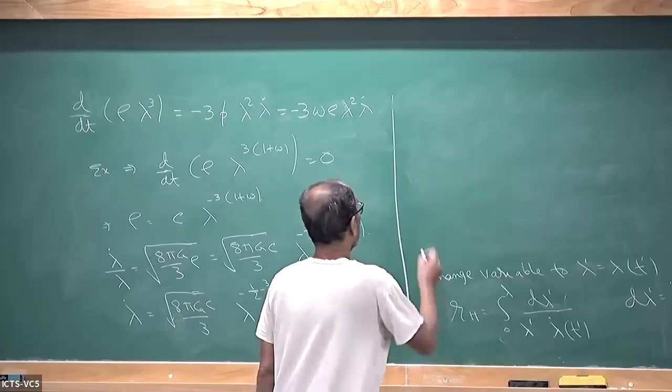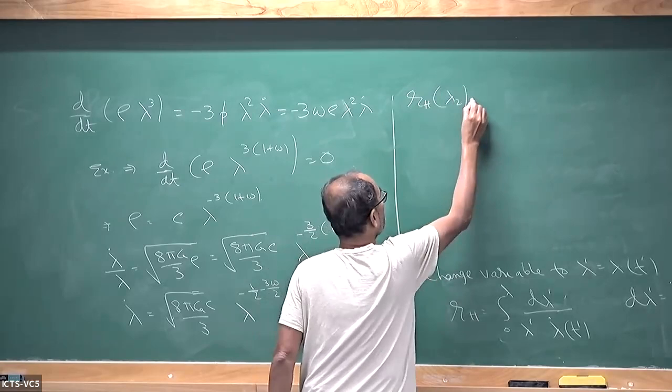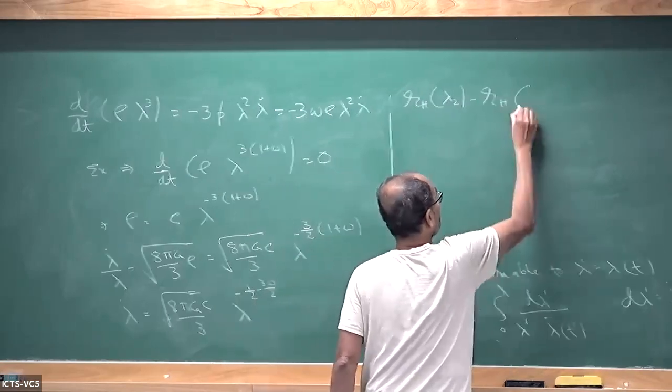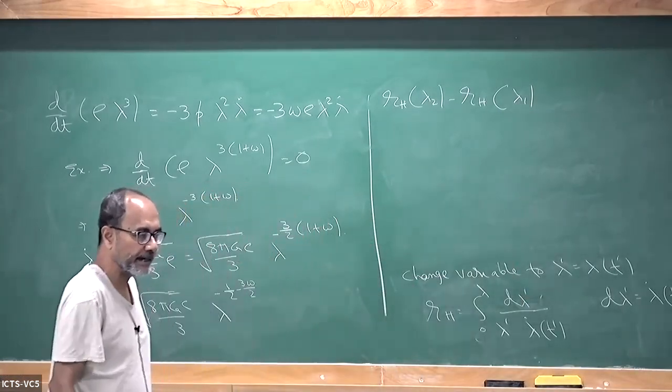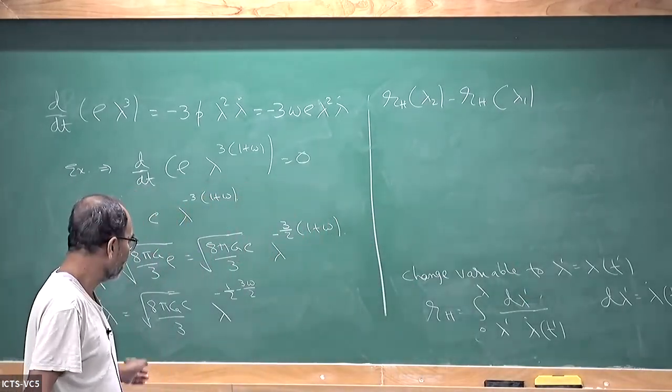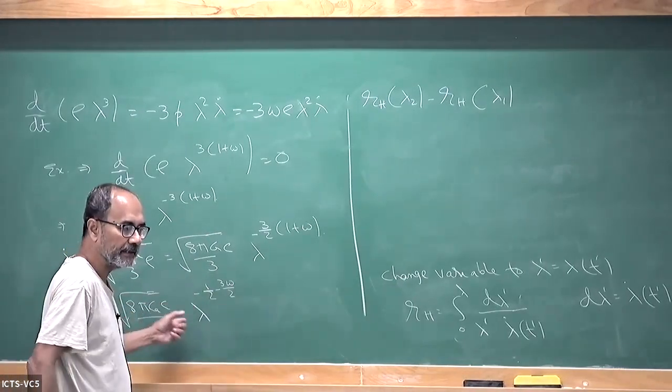So using that, we are going to calculate RH of lambda 2 minus RH of lambda 1. How much contribution do we get to RH between lambda 1 and lambda 2, assuming that lambda dot is given by a formula like this?